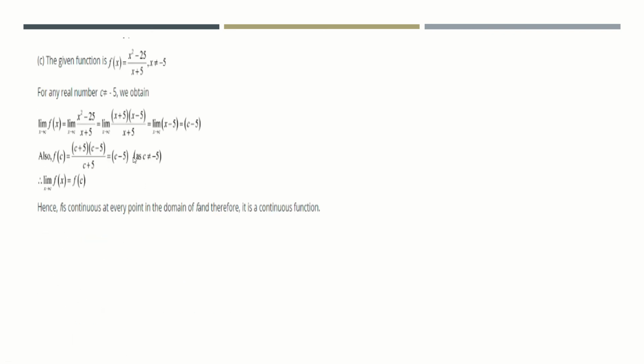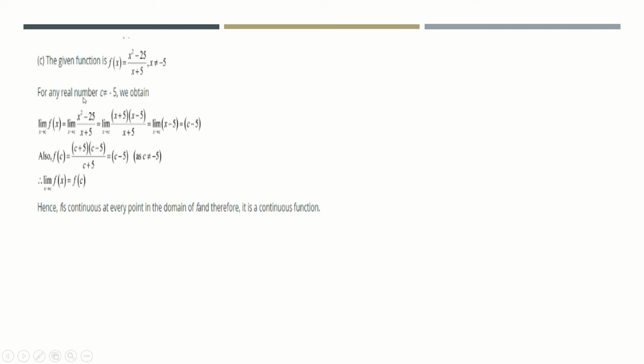The next question is, f of x is equal to x squared minus 25 by x plus 5. Here in the denominator you have plus 5, so x should not be equal to minus 5. If I apply minus 5 over here, the denominator will be 0 and it will not be defined. So it is discontinuous at that point.